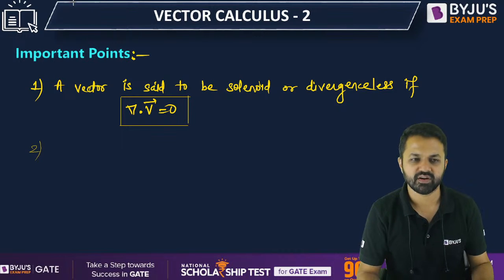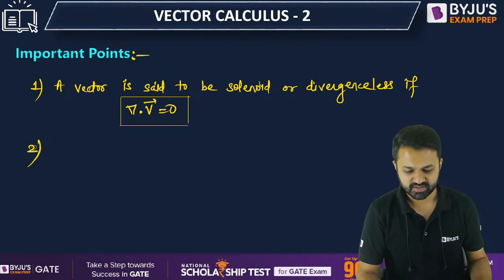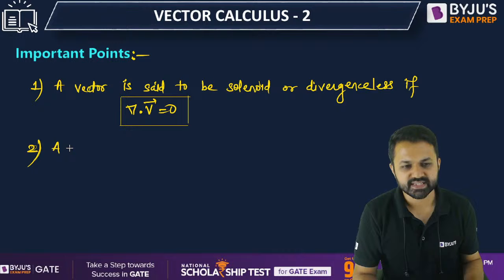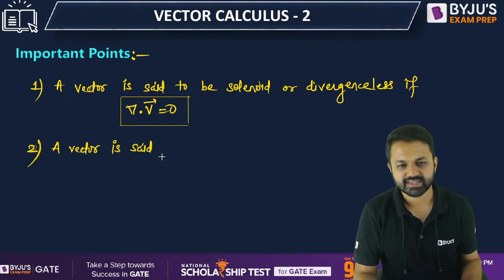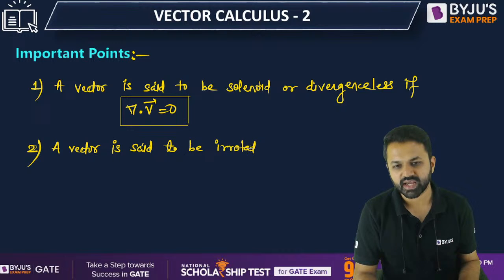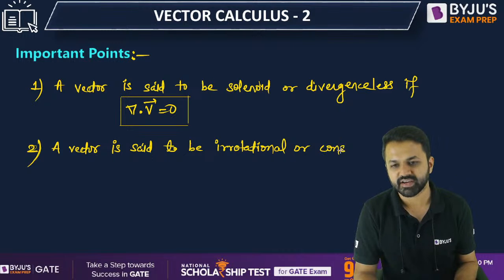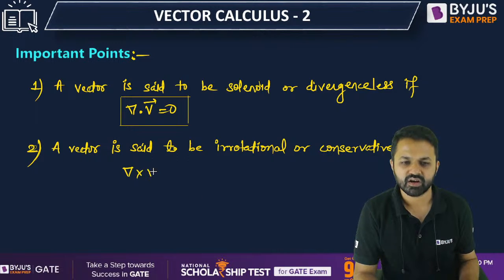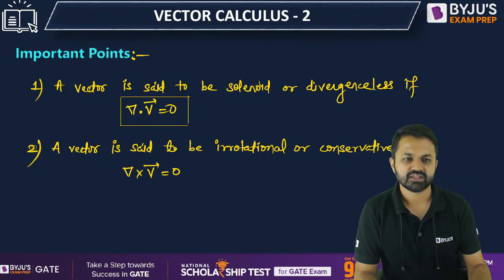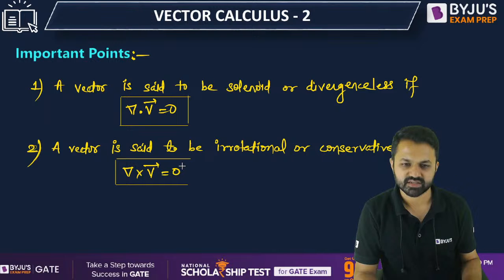The question we will do tomorrow. Now the second point: a vector is said to be irrotational or conservative if the curl of the vector is 0. Suppose the curl of a vector is coming 0, then it is irrotational.